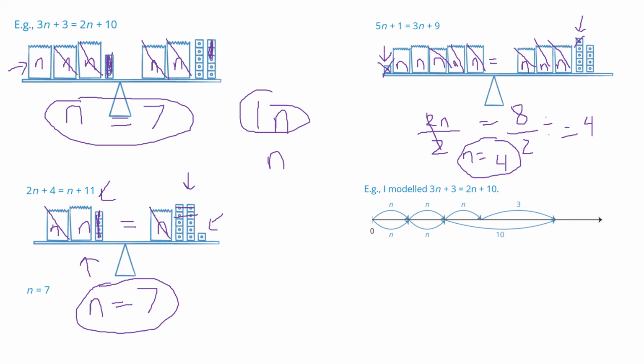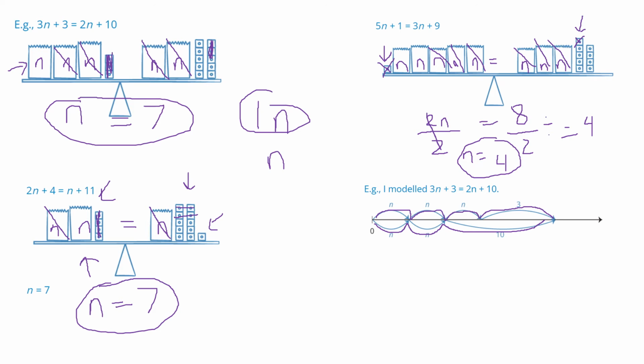That balances it out because there's 7 cubes here to the right, and then 7 cubes in the bag on the left. Another example on the right, 3n plus 3 equals 2n plus 10, if you wanted to show that on a number line. We have our 3n plus 3 on the top, so that's 1, 2, 3 jumps plus the number 3. And then on the bottom, 2n plus 10, so that's 2 n's plus a big jump of 10.